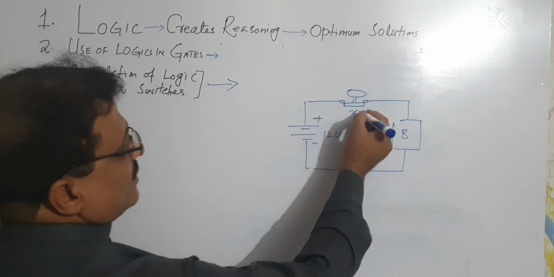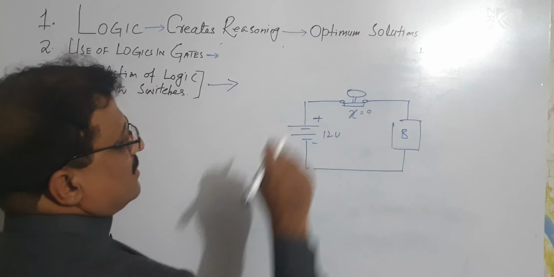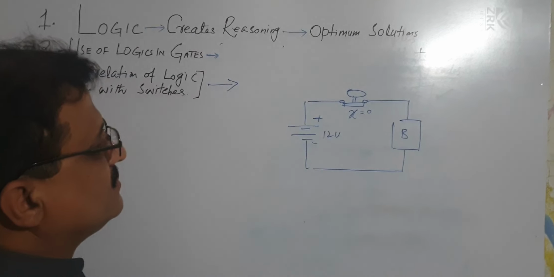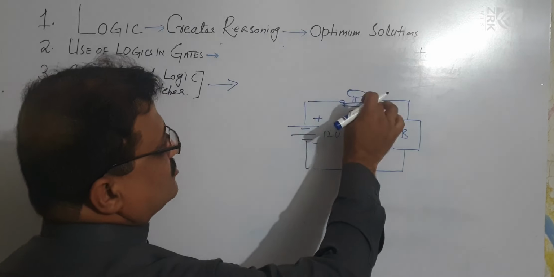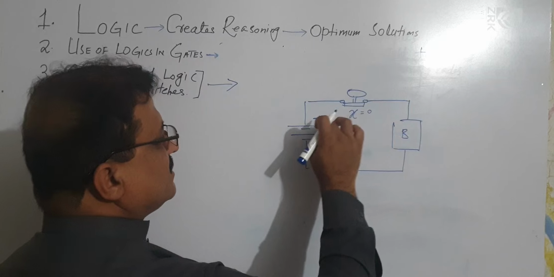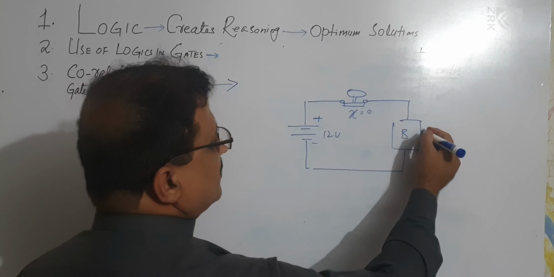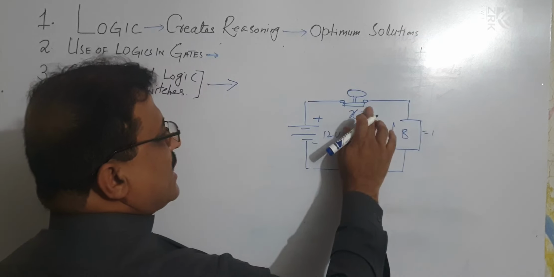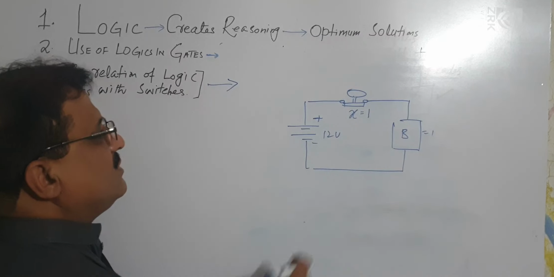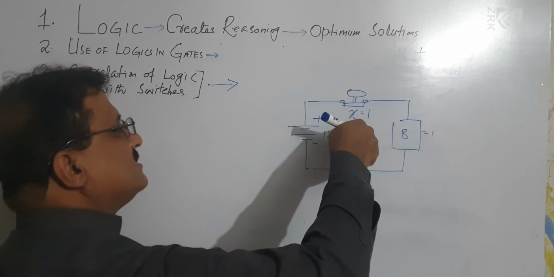Now X may have two values. It is equal to 0 if no force is exerted on this push button. If no force is exerted, it is normally closed. Normally closed means the connection is intact and the supply is available to the bulb and the bulb is turned on. And second, X may have the value 1 as well. 1 means external force is now exerted.